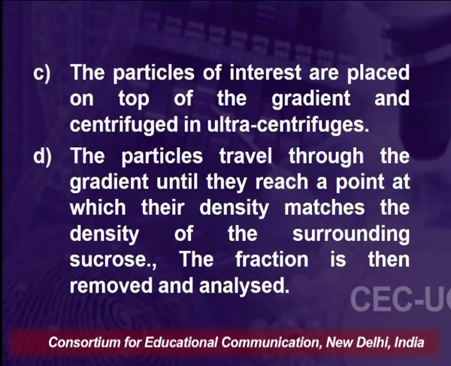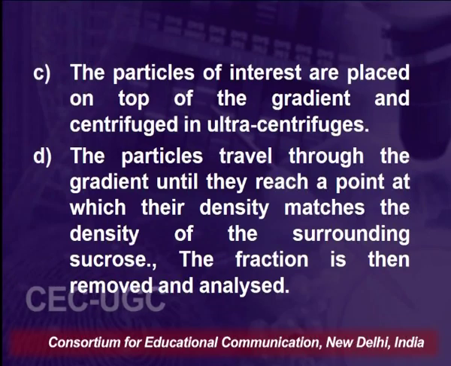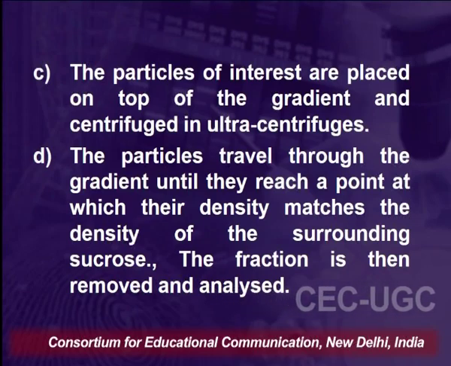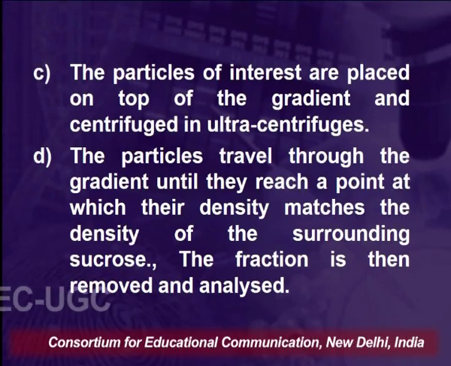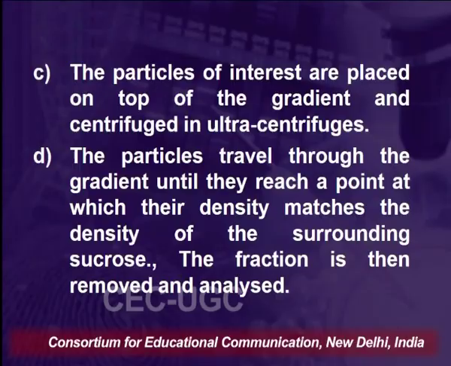The particles travel through the gradient until they reach a point at which their density matches the density of the surrounding sucrose. This fraction is then removed and analyzed. So, basically we have made a gradient inside the centrifuge tube and the particles are separated based on their densities and they have taken their place in the tube.